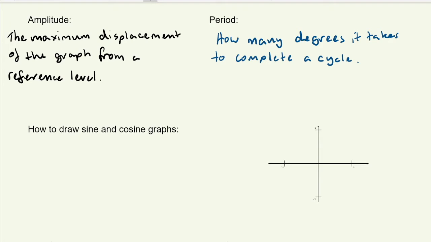So in terms of going from 0 all the way through its full wave and back up to 0 again, that's its full cycle.